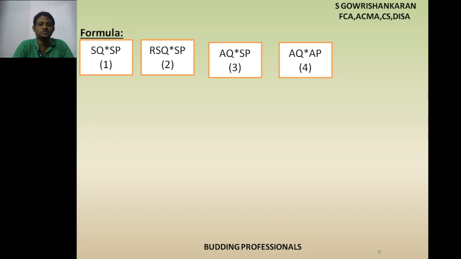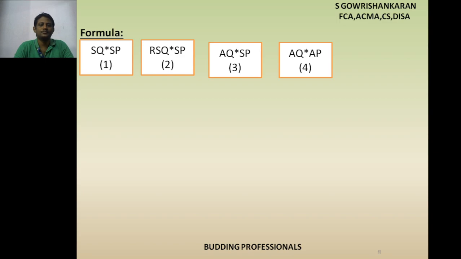SQ into SP. What is SQ? SQ is nothing but standard quantity into SP. SP is what? Standard price. Then RSQ. What is that RSQ? Revised standard quantity into SP, that is standard price.